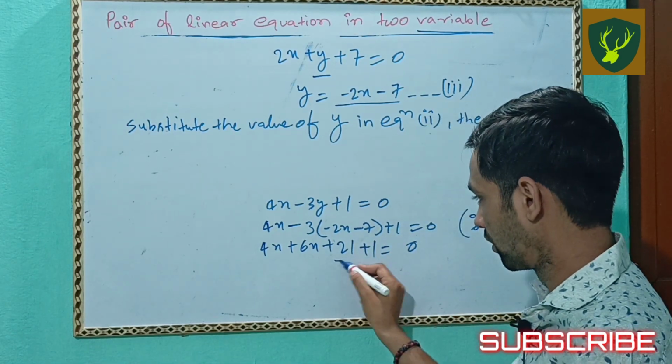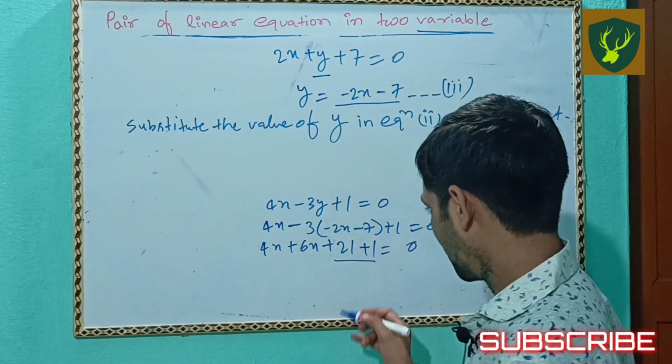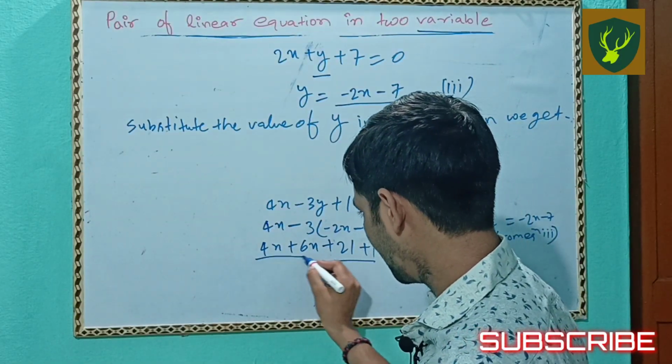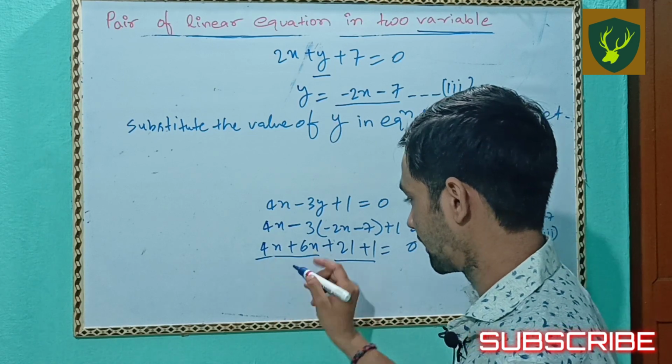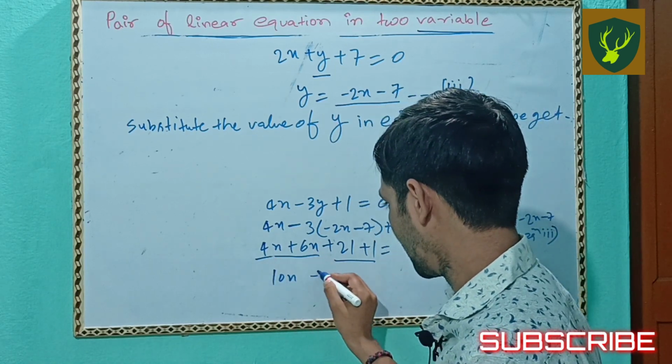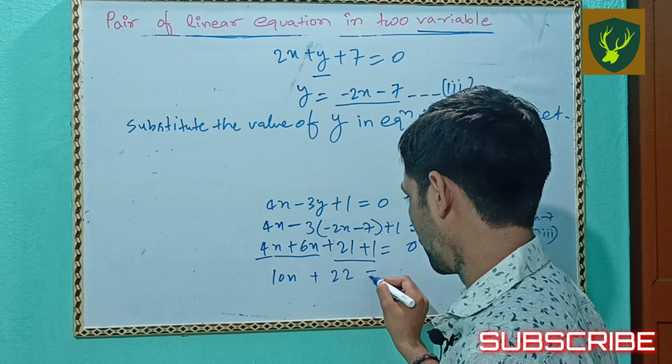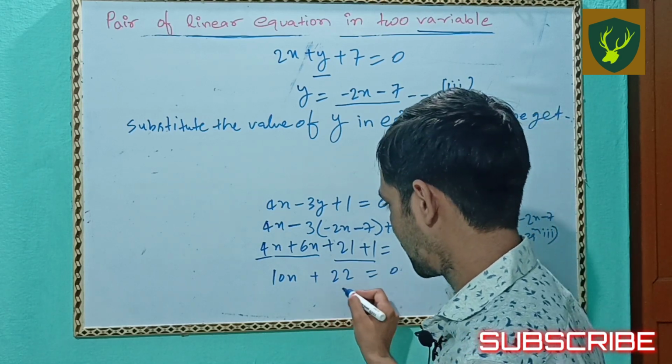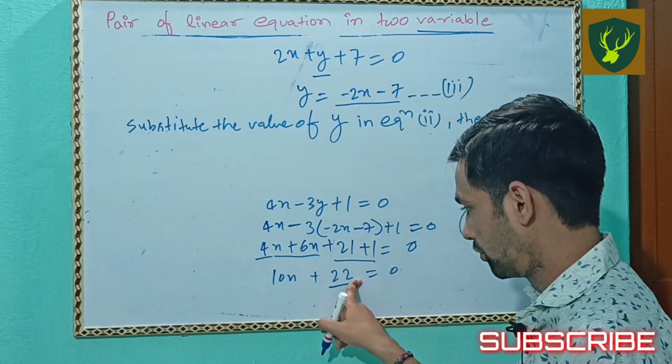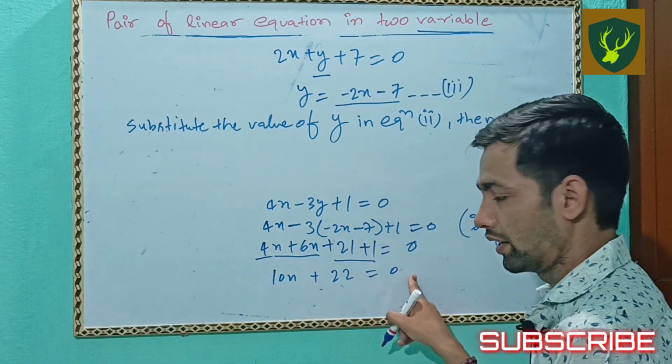We will solve the constants first. Okay, now the variable: 4x plus 6x will be 10x, and here it will be 22 equal to 0. It means, now we will move this pure constant to the right side.